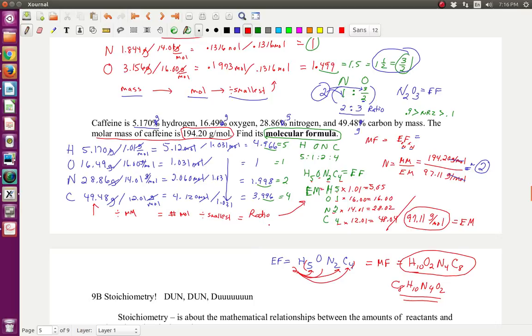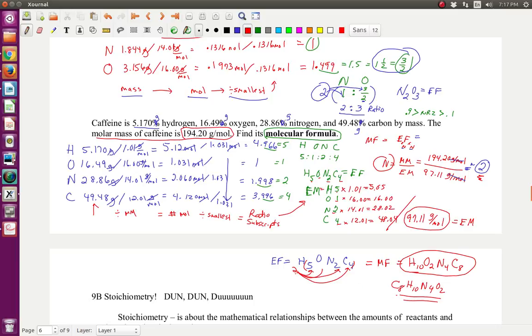The ratio is the subscripts for the empirical formula. Then we calculated the molar mass of the empirical formula, or the empirical mass, and then we calculated this number here, n, which is just a multiplication factor. Once we know that multiplication factor, we take the subscripts of the empirical formula and multiply it by that multiplication factor to come up with the molecular formula.